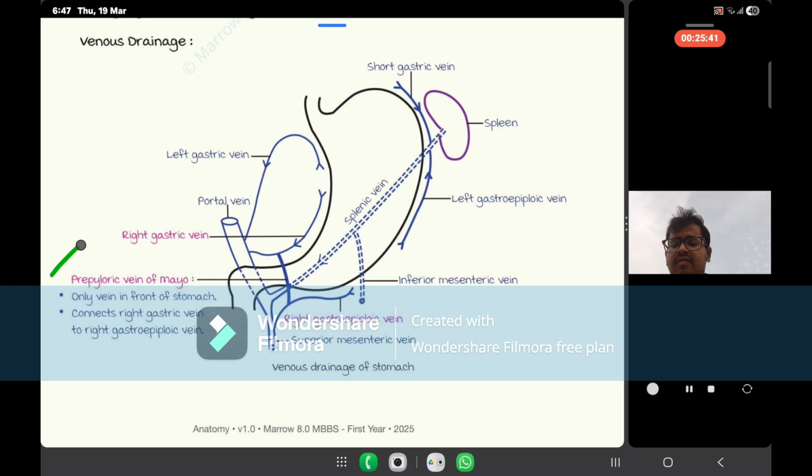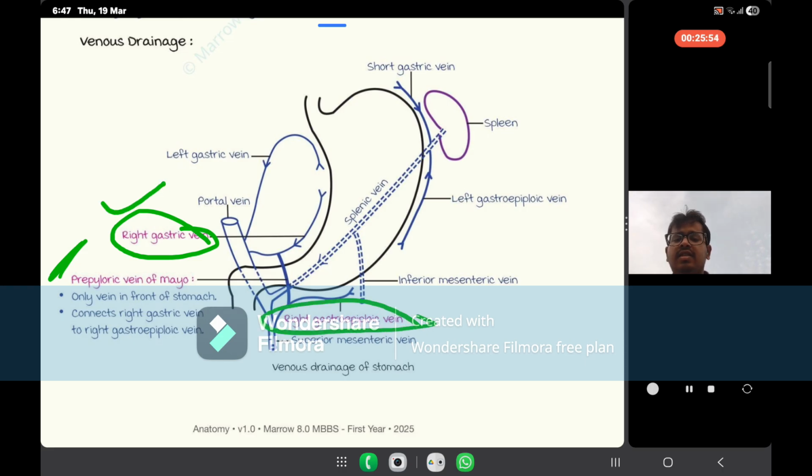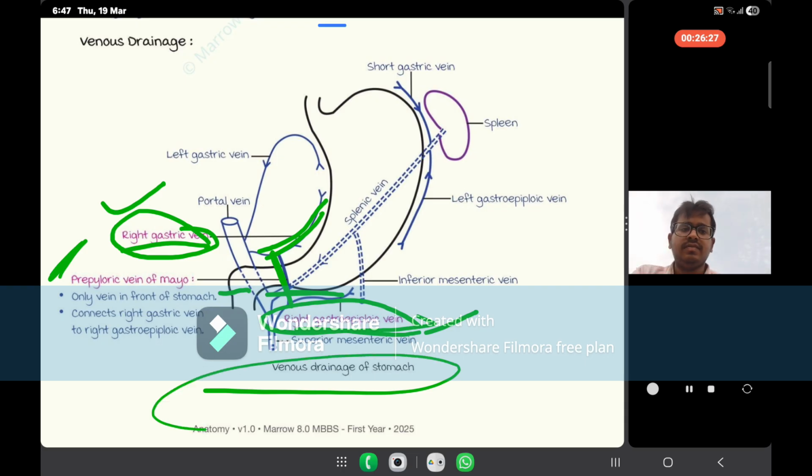It is important because it is the only vein in front of the stomach connecting the right gastric vein and the right gastroepiploic vein. All other veins go backward, like the splenic vein going from the backward. This is the venous drainage of stomach.